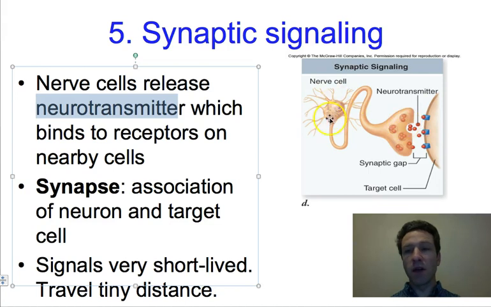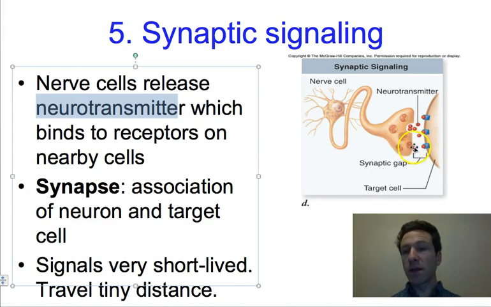For example, here's a nerve cell, and a signal goes inside the cytoplasm along the length of this nerve cell. But then this nerve cell needs to send the signal to a neighboring cell. This could be another nerve cell or perhaps a muscle cell.